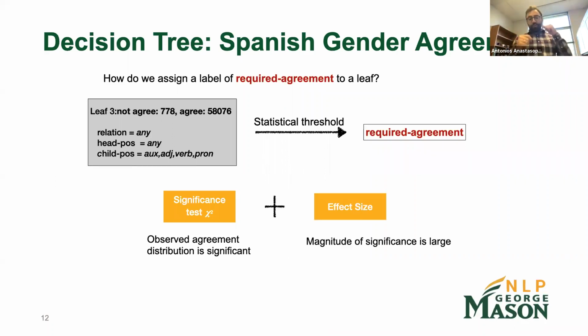And we also want to make sure that the effect size, basically the amount of examples that we have in our leaf, is enough to support our argument. Okay, so we do this, and if both of these tests pass, then we say, yes, this is a required agreement. Otherwise, we're going to say, all of the links that fall under this leaf probably agree because of chance.